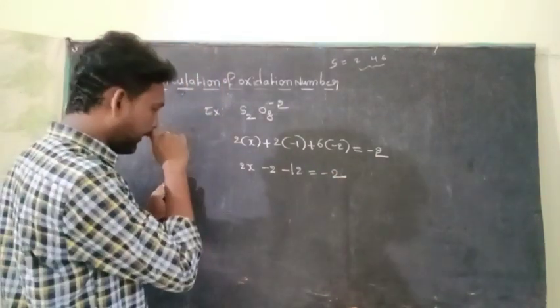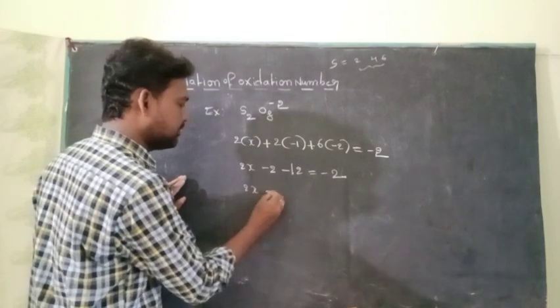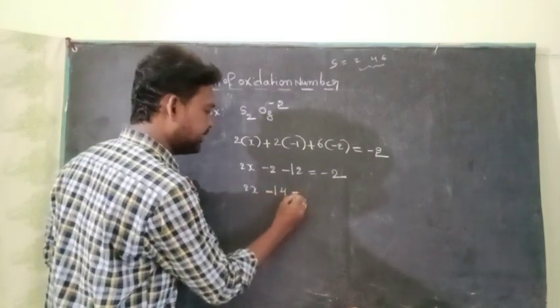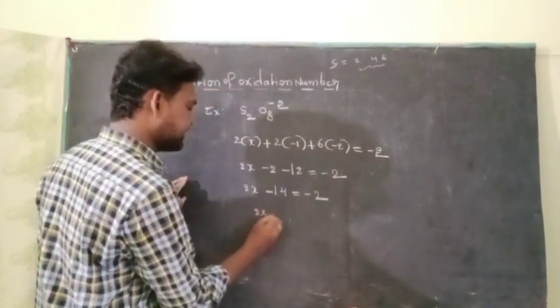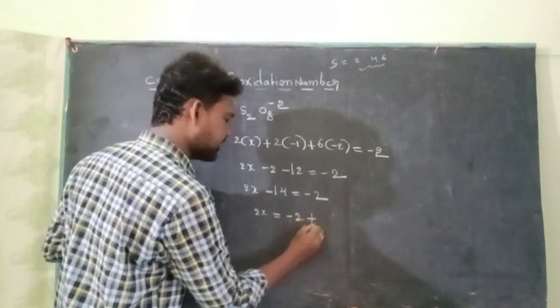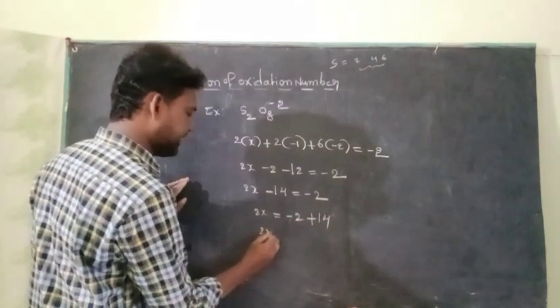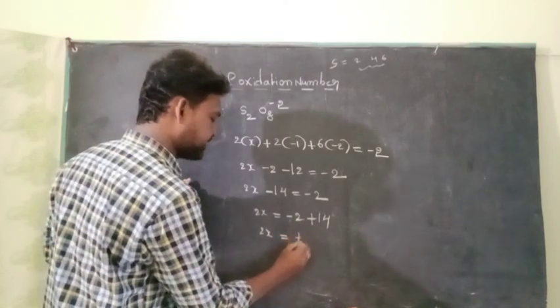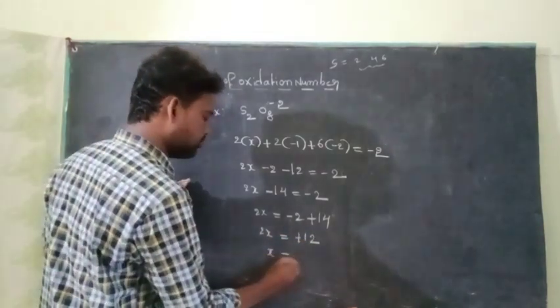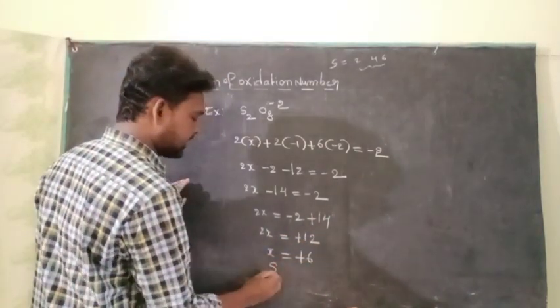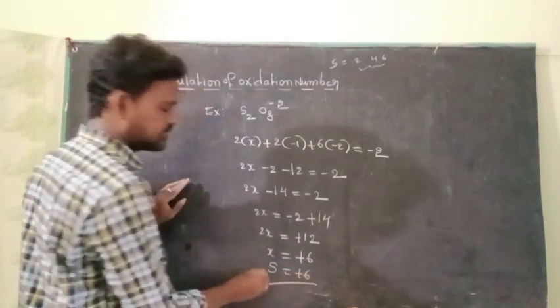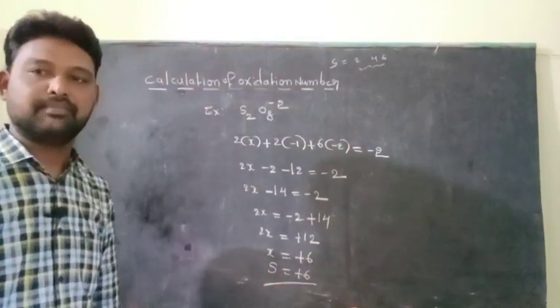So 2x minus 14 equal to minus 2, thus 2x equal to minus 2 plus 14, the 2x equal to plus 12 and x equal to plus 6. x means sulfur, plus 6 oxidation number.